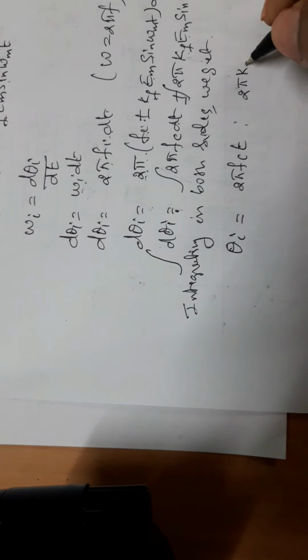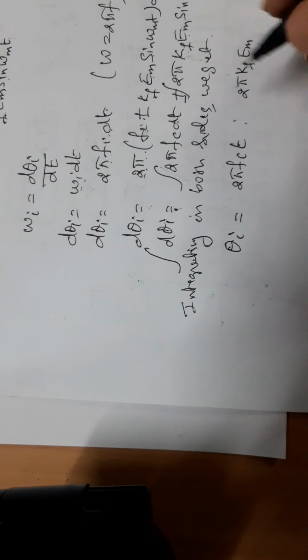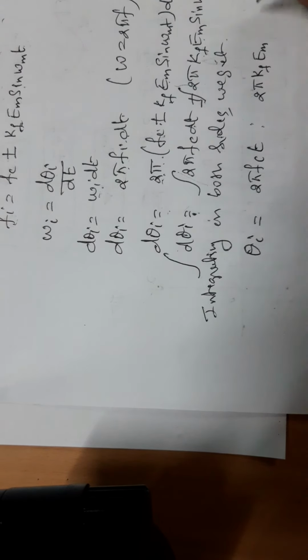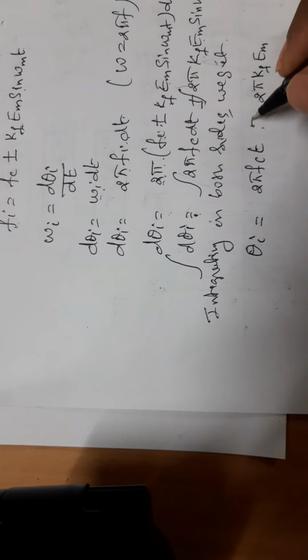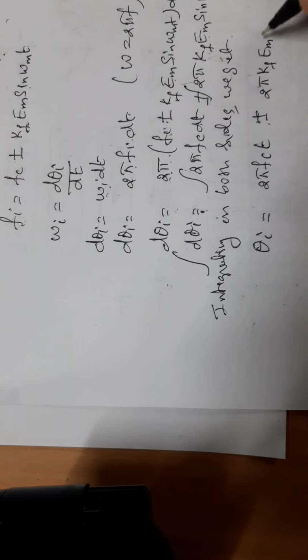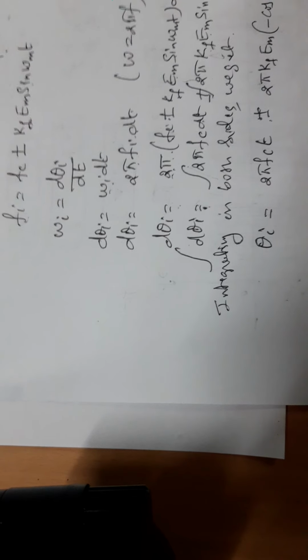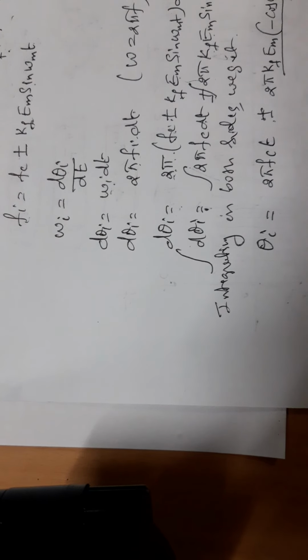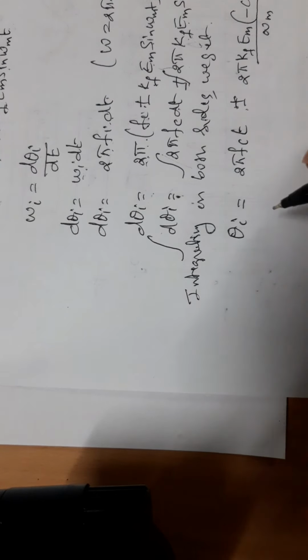The integral of sine omega mt dt is minus, I will write plus or minus, cos of omega mt divided by the derivative of omega mt with respect to t, which is omega m.